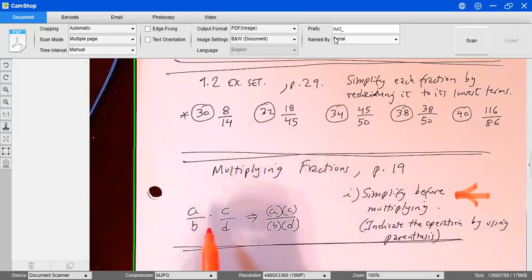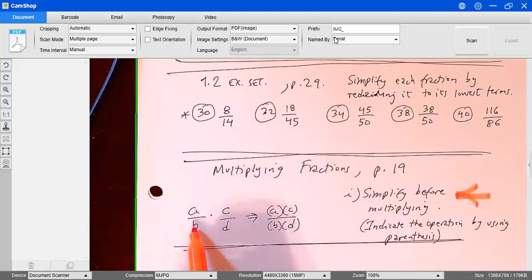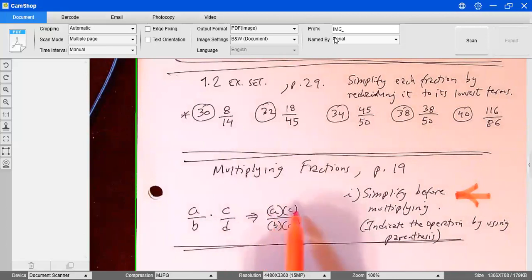So for example, if you're going to multiply A over B, that's my first fraction, and C over D, that's my second fraction, the first step is just write the numerator as a product of the original numerators, and write the denominator as the product of the original denominators.